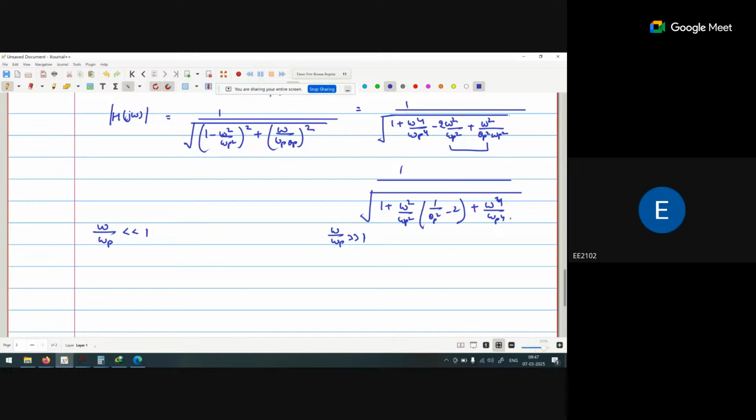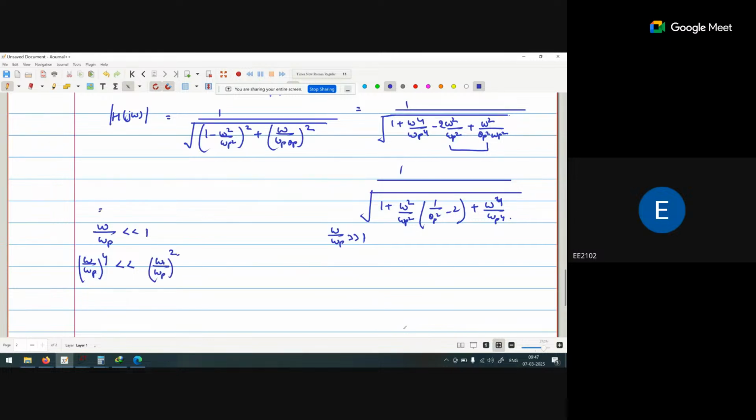If omega upon omega p is less than 1, then omega upon omega p raised to power 4 is also less than omega upon omega p square. Why?